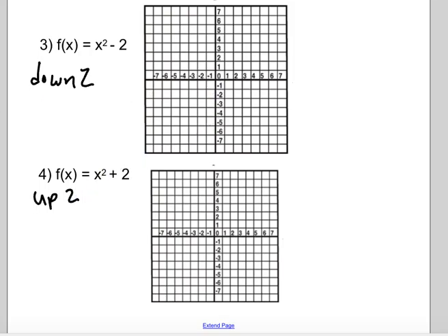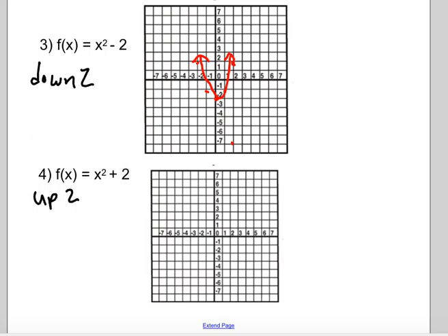So when I do this, from 0, 0, I shifted it down 2, starting there with the vertex, and then from that point I go 1 over 1 up, and then 2 over 4 up. And then I do the same thing the other direction, 1 over 1 up, and then 2 over 1, 2, 3, 4 up. It's so hard on this tablet to do that, but there it is. Not very good, but it'll work.